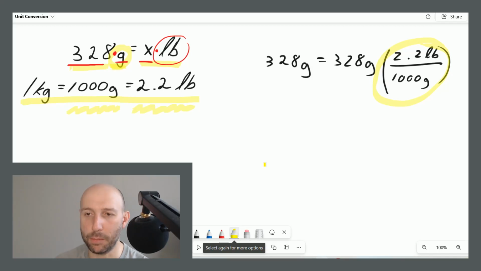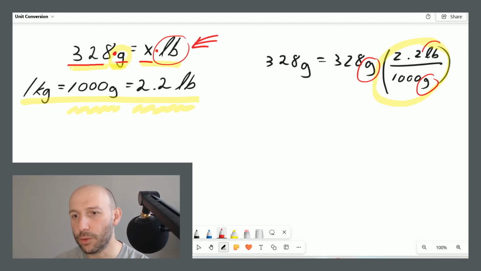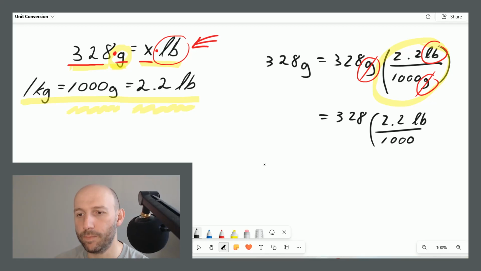And here we want to make sure that the unit we want to cancel out is in the denominator of this fraction, and the unit we want to convert to is in the numerator of this fraction. That way we have our g's cancel out, and we just have 328 multiplied by 2.2 pounds divided by 1,000. Now we have the expression just in pounds.